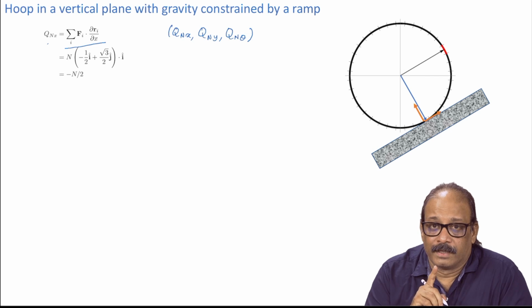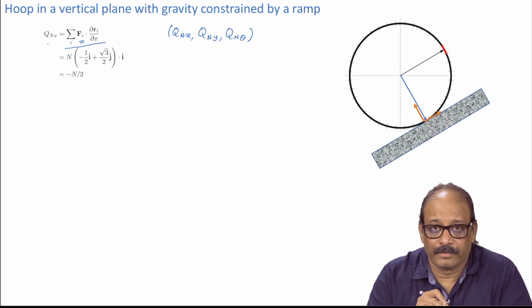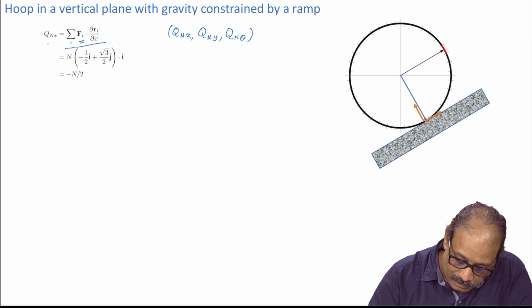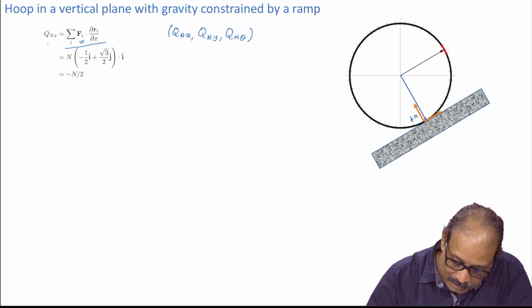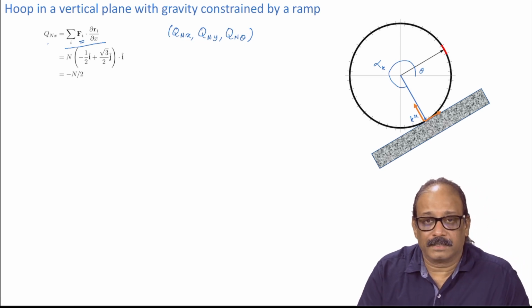But we know that F_i is 0 for all i except one, when i becomes k. Okay. So, this is again your kth particle, kth segment, and this angle being theta plus this angle of alpha_k.